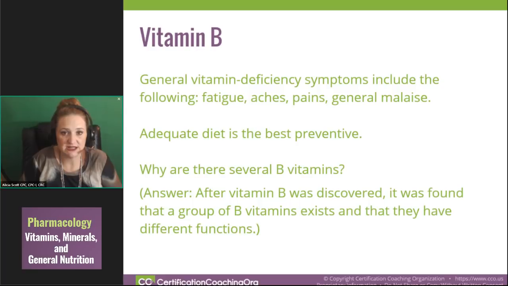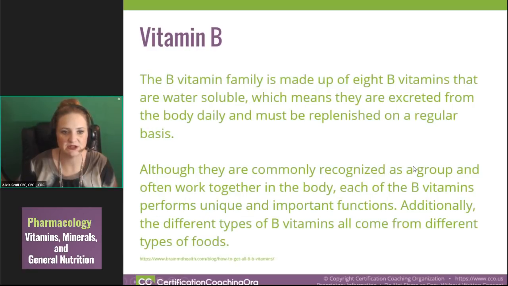Why do we have vitamin B6? Why do we have B12, right? What happened is when they discovered vitamin B, they realized that there were different functions that it could be broken up into, that vitamin B was much more complex. There are actually 8 different types of vitamin B. They are all water soluble, right?